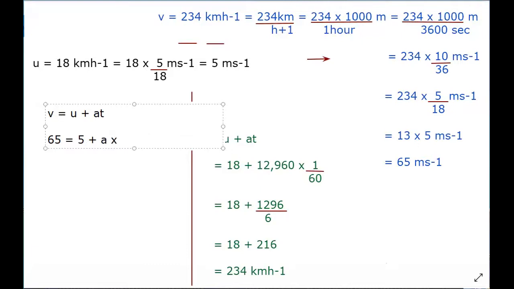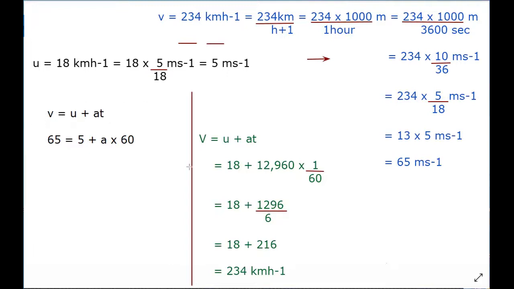Time is 1 minute. 1 minute means how many seconds, Lamai? Yes, very good. 1 minute means 60 seconds. So just use this equation and then you will find the acceleration in meter per square second.